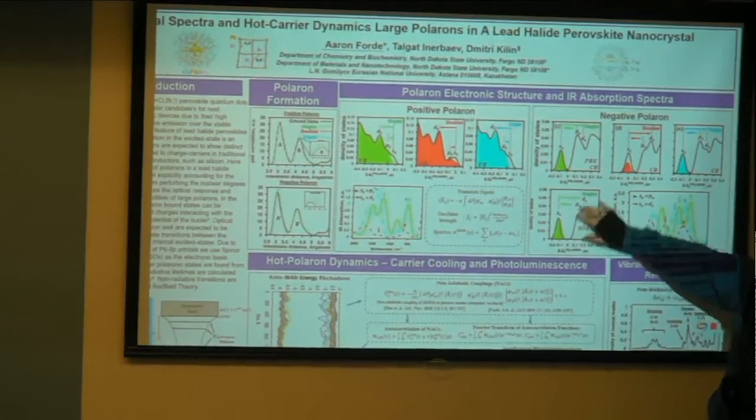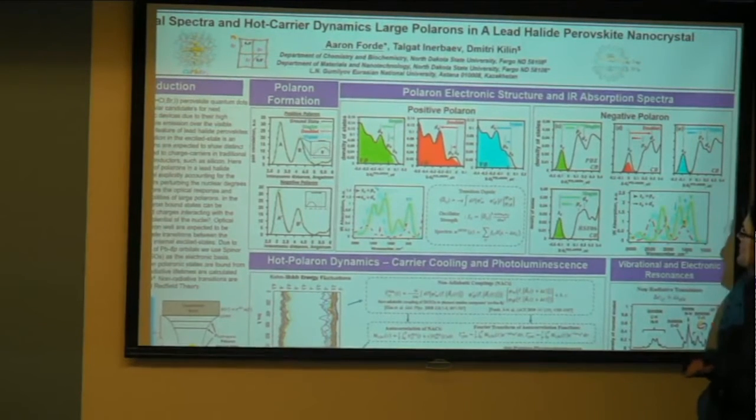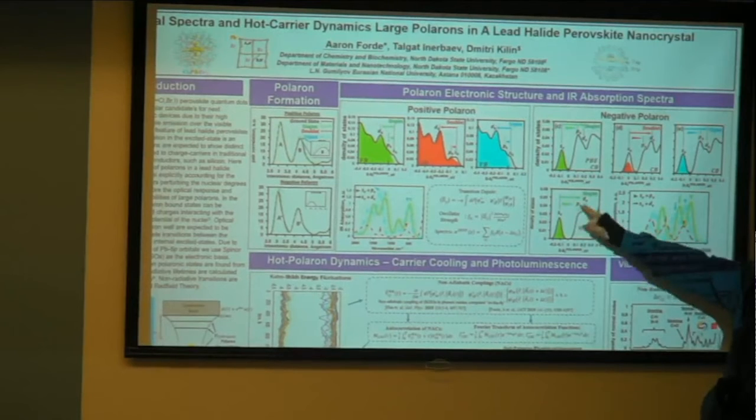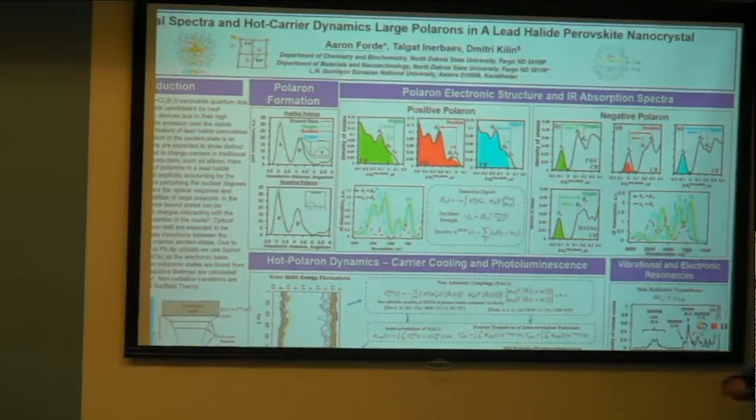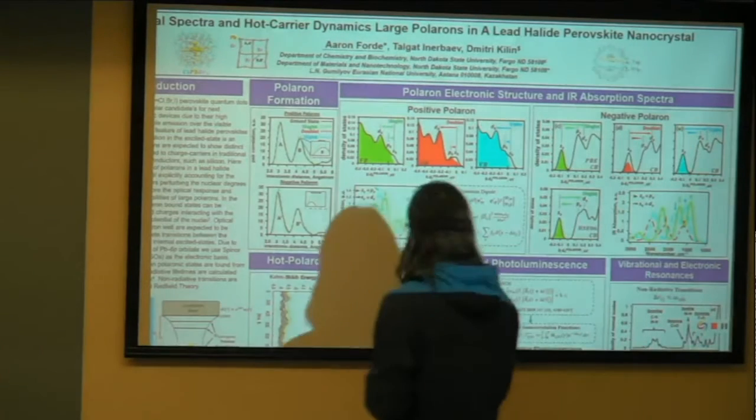You see in the density of states there's some swapping of the peaks, but they're generally in the same spot. So there's not a big difference in the density of states. I didn't plot the absorption spectra, but essentially it just looks like the gap's a little bigger, which is what you'd expect when you use a hybrid functional.